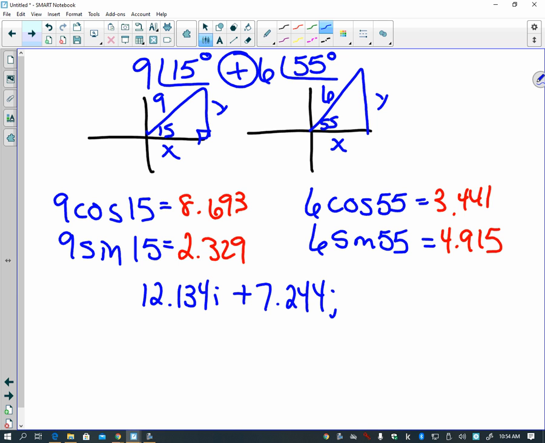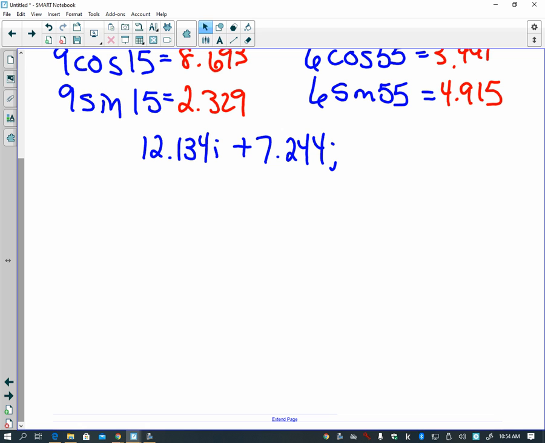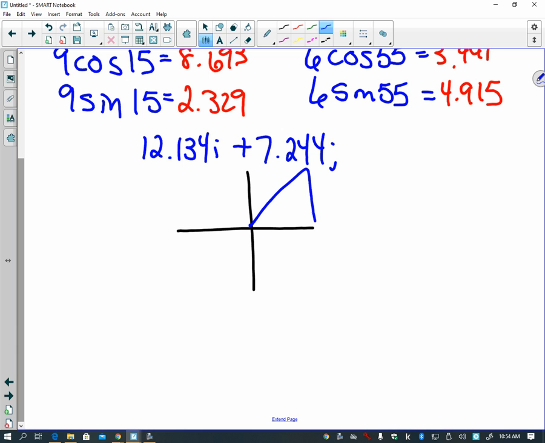But we're not done because we need this in polar coordinates, which means we need the hypotenuse and the reference angle. So we bring this down here. We can tell that they're both positive, so we should be in the first quadrant. 12.134, 7.244. We need a hypotenuse.